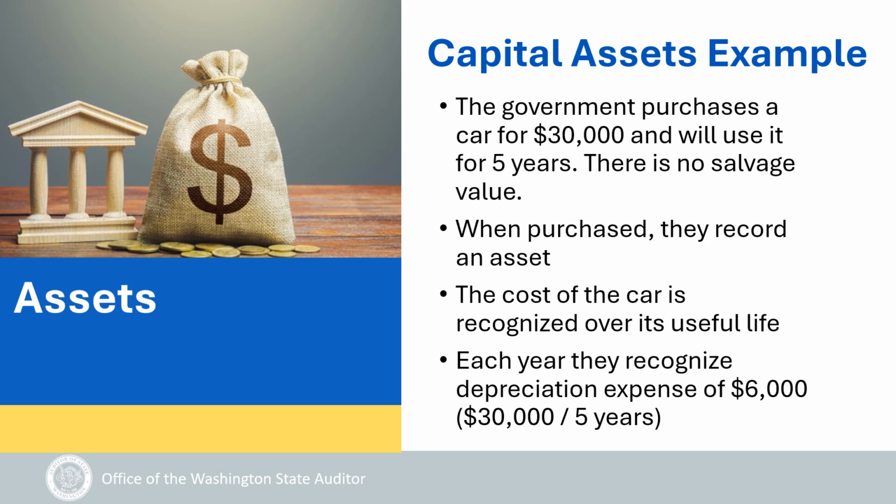The cost of the car is then recognized over its useful life. Since the car cost $30,000 and will be used for 5 years, the government is using up about $6,000 of the car each year. Each year, they will recognize an expense of $6,000. That's called depreciation expense.